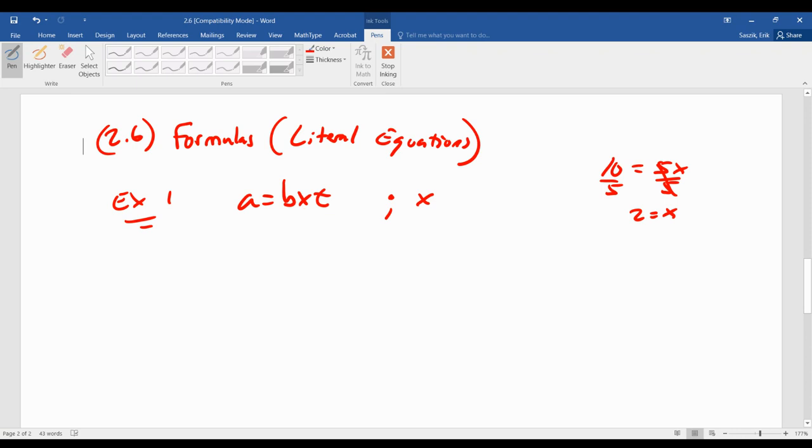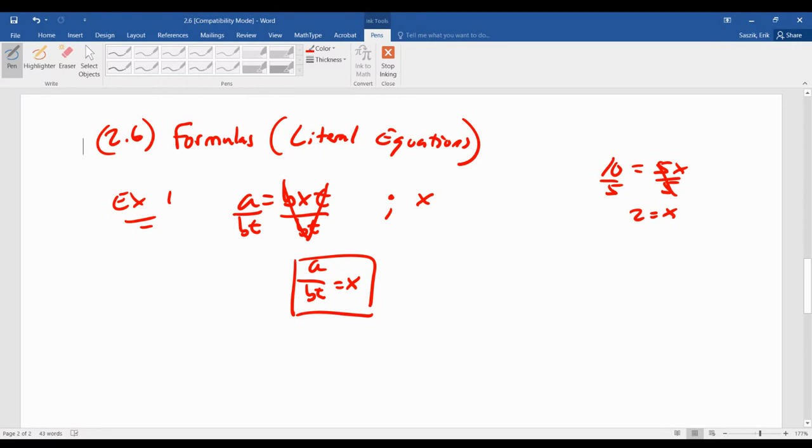What's happening to the x right now? It's next to a b and a t. So it's being multiplied by b and t. So the opposite of multiplying by b and t is to divide by b and t. So a over bt equals x. We're actually done. X is by itself.